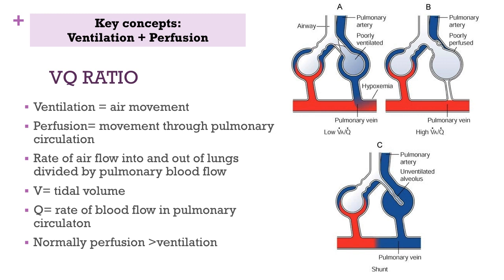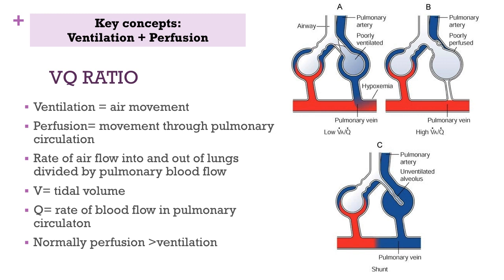V being our tidal volume, and Q being the rate of blood flow in pulmonary circulation, or the perfusion. Normally, perfusion is going to be a little bit more than ventilation, and this means that we're being efficient. We're actually perfusing a little bit better than our need for ventilation.